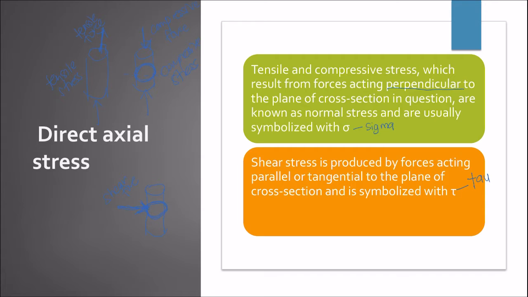So shear force will cause the object to maybe crack. Then later on, if the force is too much, it will break into two, where it will split, right? So that is shear force. So this object is in shear stress.